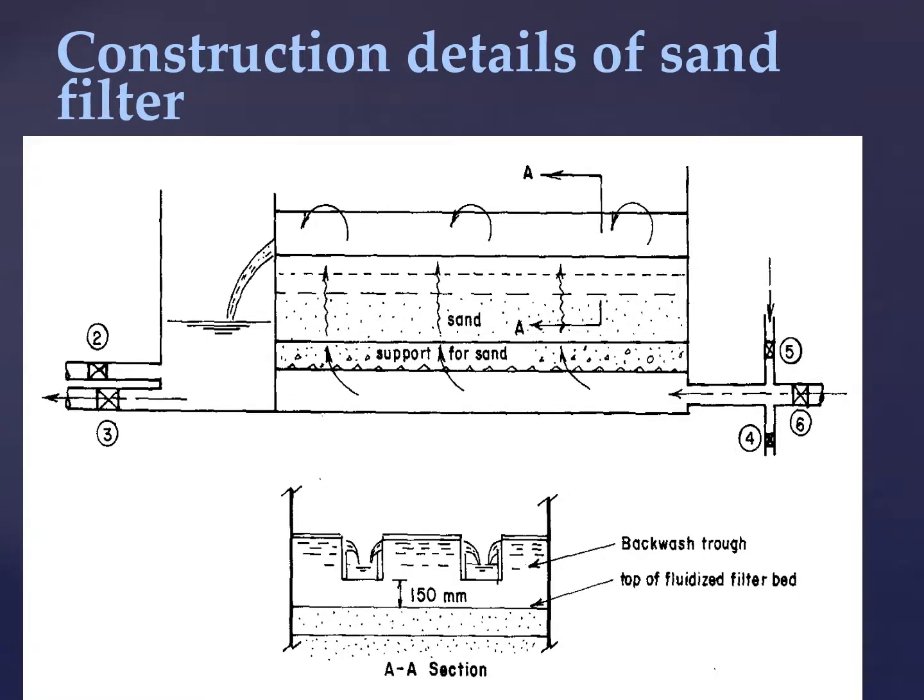Again, here you see this is sand, the flow direction is from the bottom to the top, and then at the left you collect the filter washwater. At the bottom section AA, as you see here, from the backwash troughs, you collect the water that you washed out of the filter.